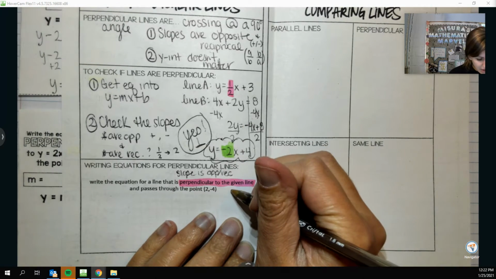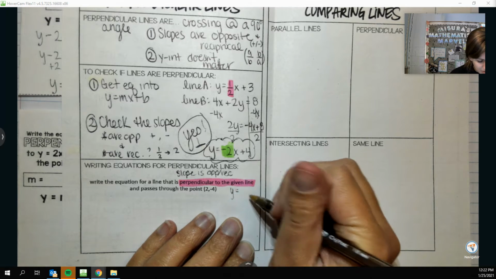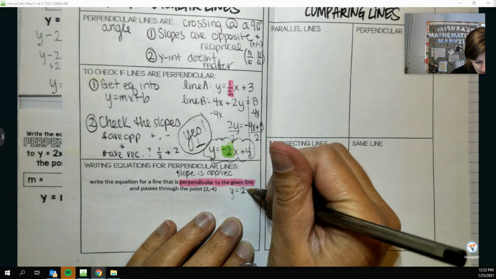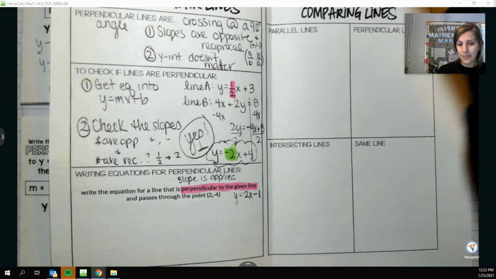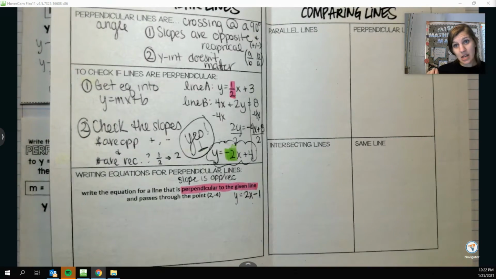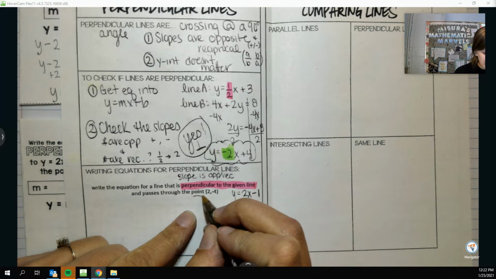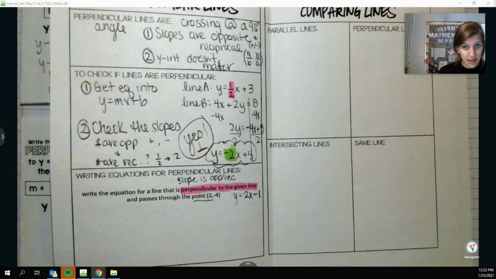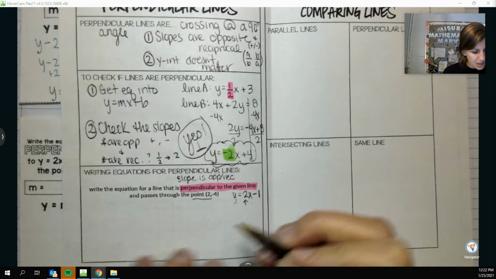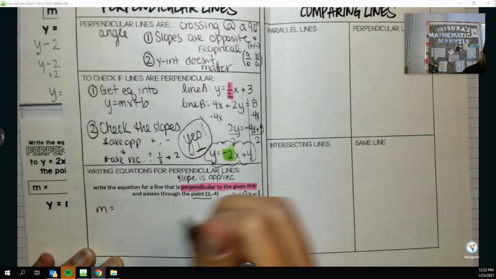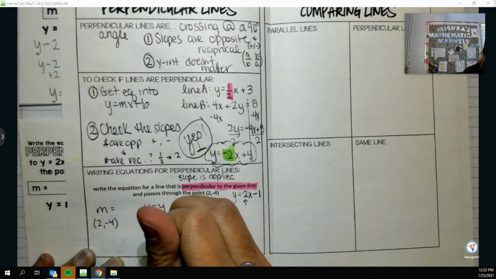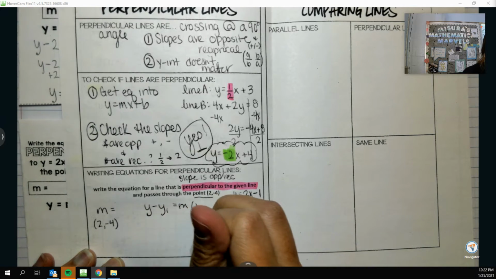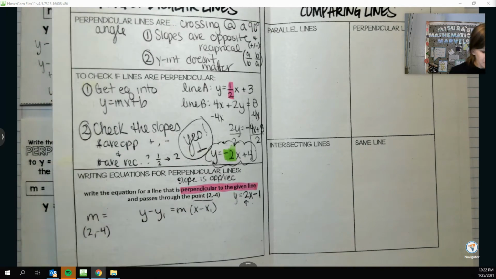So if the given line is y equals 2x minus 1, then when I write the new equation of my line, they've given me a point, and they're low-key giving me the slope. Because they've given me the slope and a point, I'm going to put it in point-slope form, which is y minus y1 equals m parenthesis x minus x1.